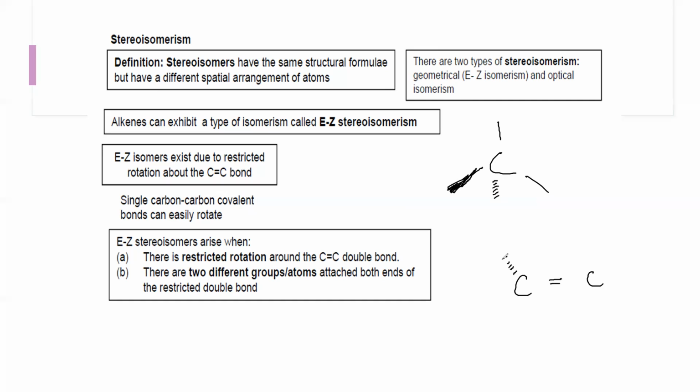Now the only possibility left is that the group is either in or out, and the same for the other one. So when we check the heavy groups, if the heavy groups are on the same side, we call that cis. And if the heavy groups are on opposite sides, we call that trans.